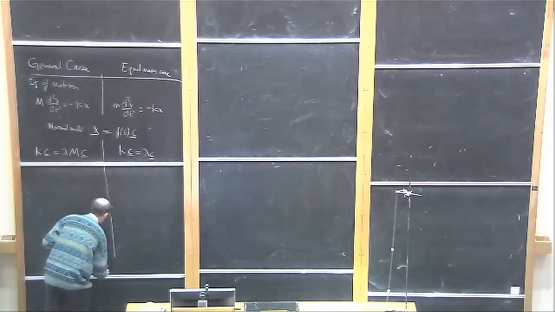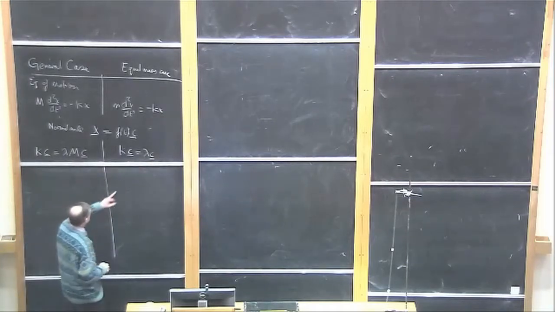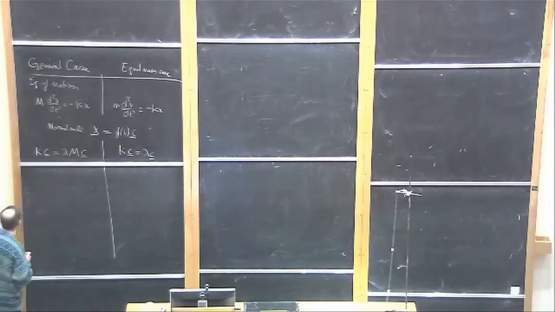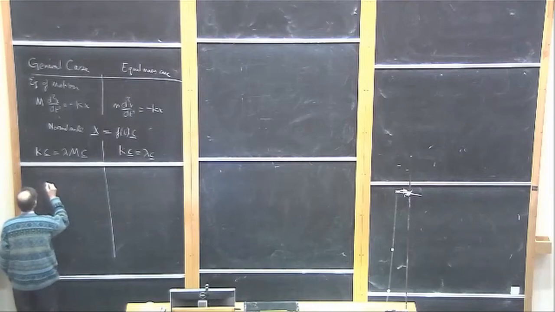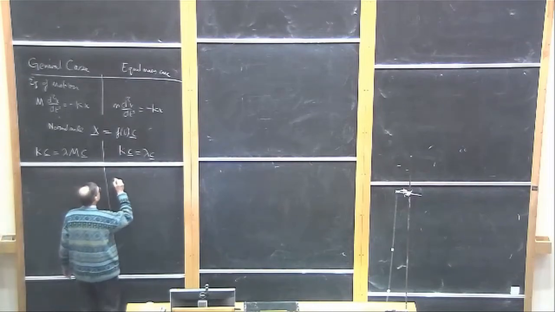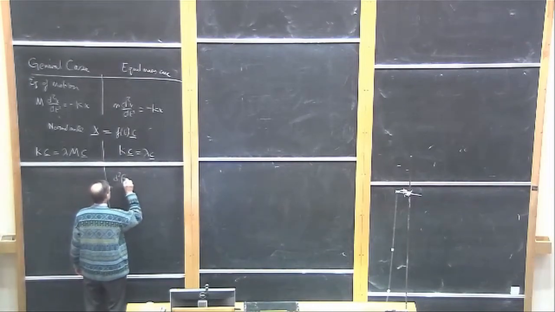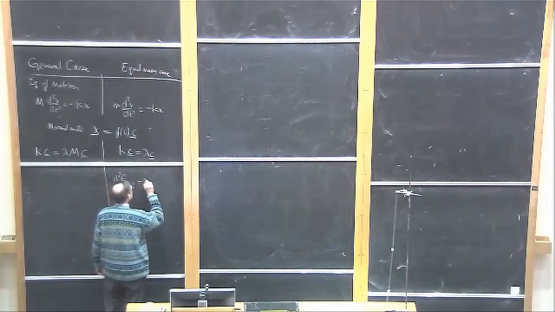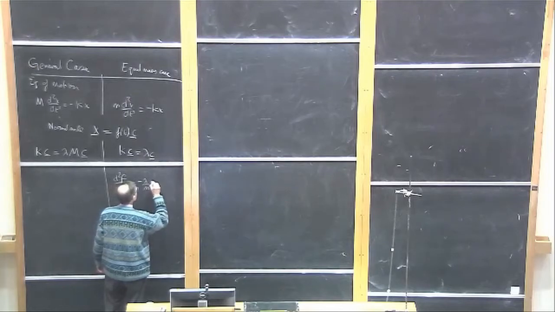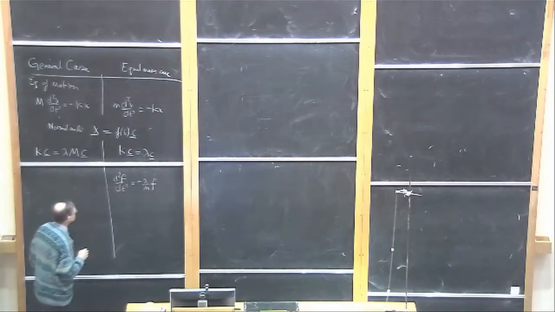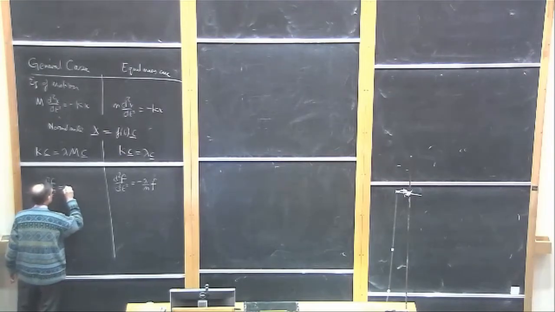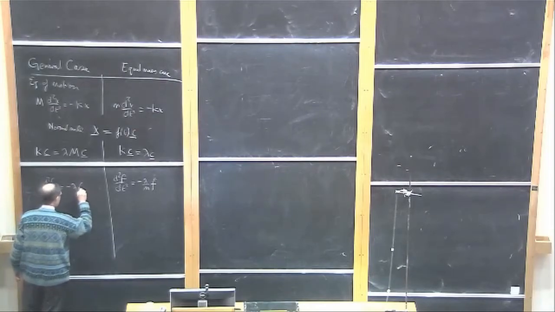But that has a consequence because the lambdas are now, and this lambda has dimensions of spring constant, this lambda has dimensions of frequency squared. So the other equation, the equation for f, is different. This one here is d2f by dt squared equals minus lambda over m f, whereas here we have d2f by dt squared equals minus lambda f.